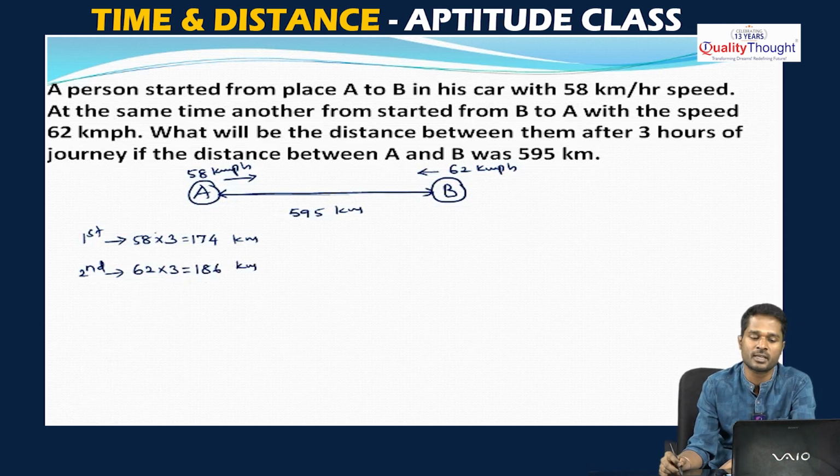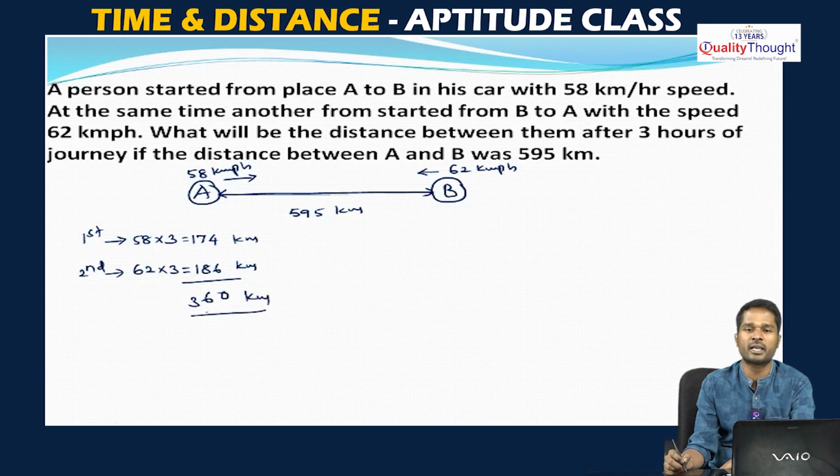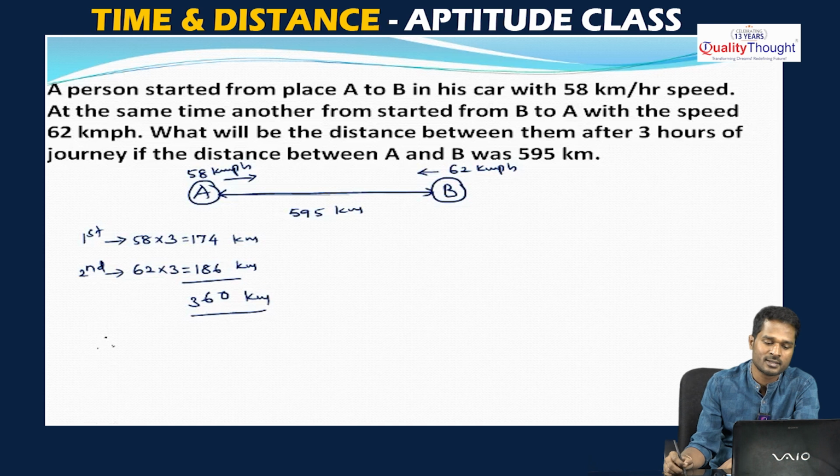That means the first person has travelled 174 kilometers in 3 hours. The second person has travelled 186 kilometers in 3 hours. Now check it. This is 0, this is 6, this is 3. So they both together travelled 360 kilometers in 3 hours. Now what is the distance between them after 3 hours?